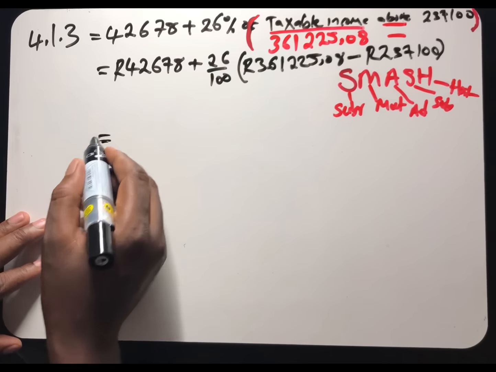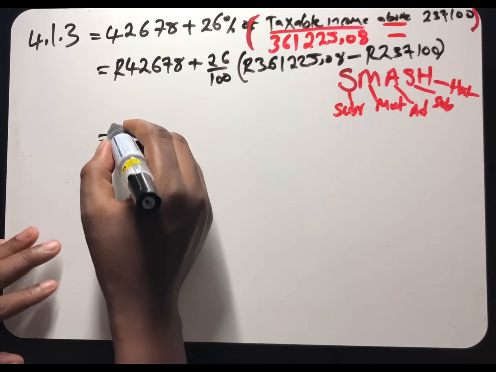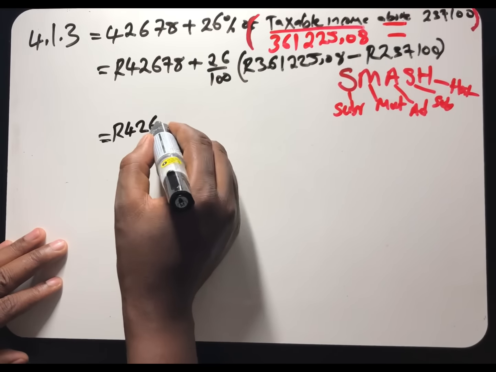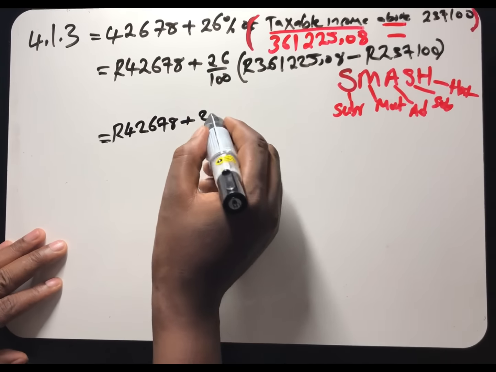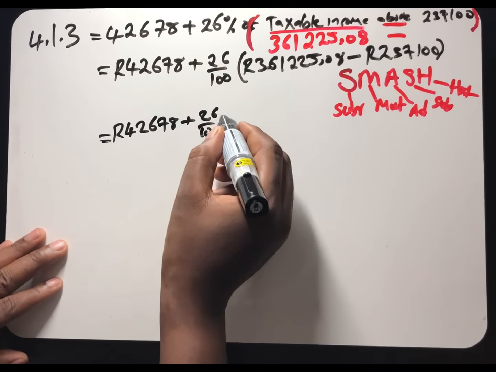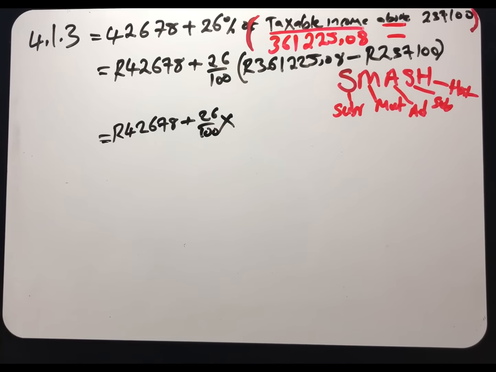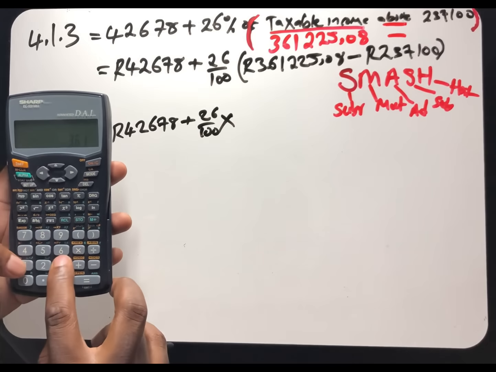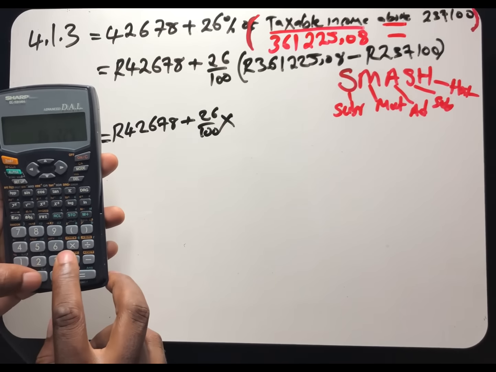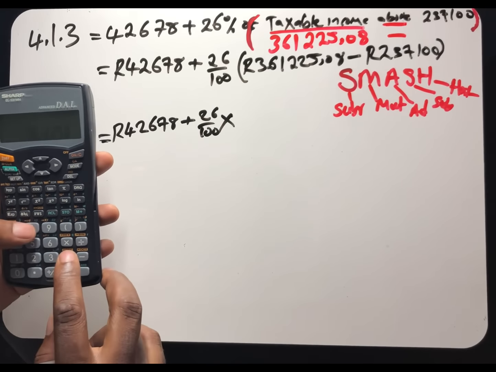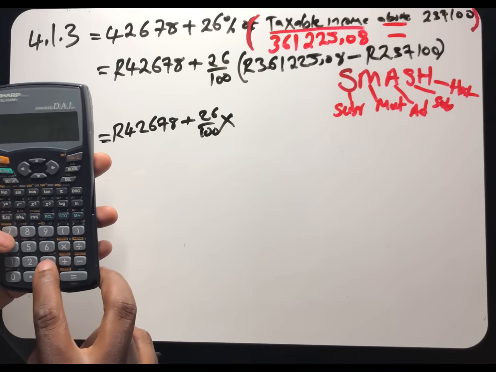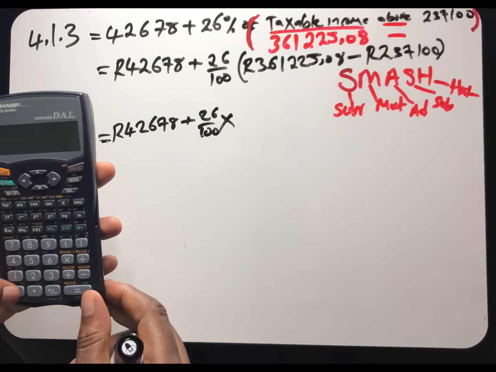Tax. We all know that we work from right to left. We don't touch anything at the beginning of this statement, which is 42,678 plus 26 over 100, multiplied by the difference inside the brackets. So inside the brackets, we have 361,225 and 8 cents minus 237,100.